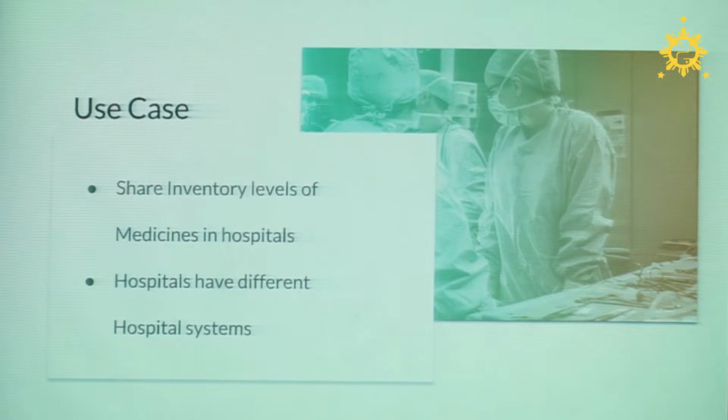So now you know more about me at a high level. And now we'll talk about typical use cases on why you need to integrate with other entities or other companies. One good example could be sharing inventory levels with other hospitals.